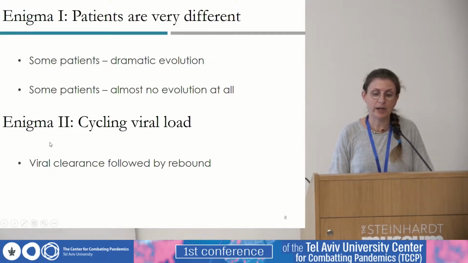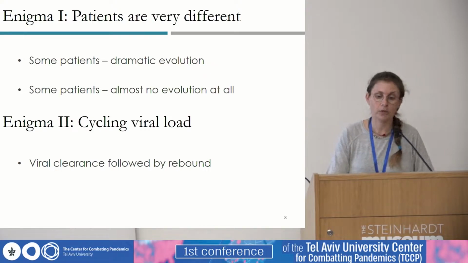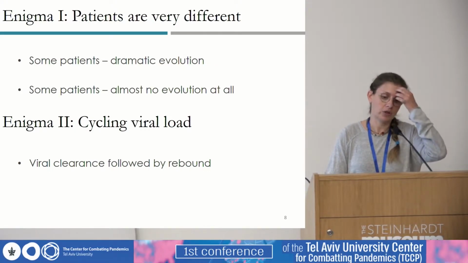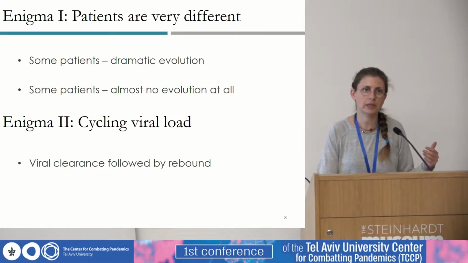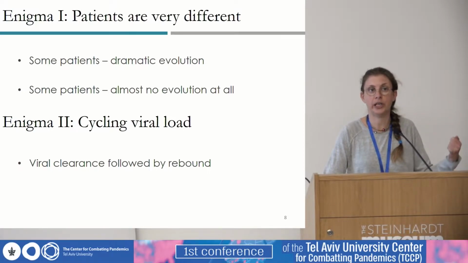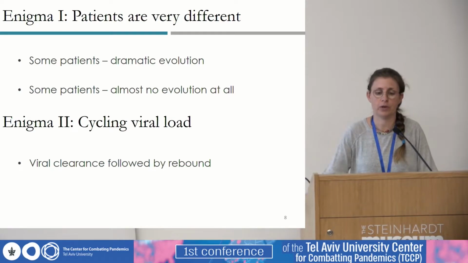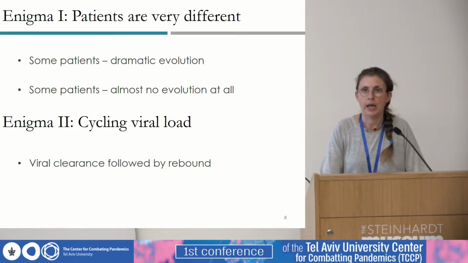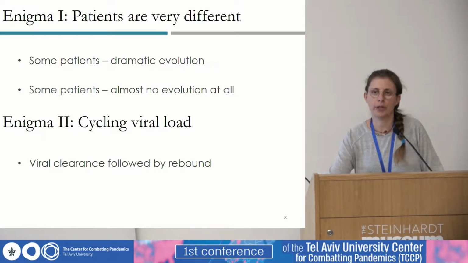The second enigma is that we began this as a collaboration with Ichilov and with Dr. Eyal Paran and Susie Myers, and they told us about these cases where there's this cycling viral load. The virus seems to clear, and the patients are released home, and everyone is happy, the COVID is resolved, and suddenly 2 weeks later the virus returns, and this happens over and over again.